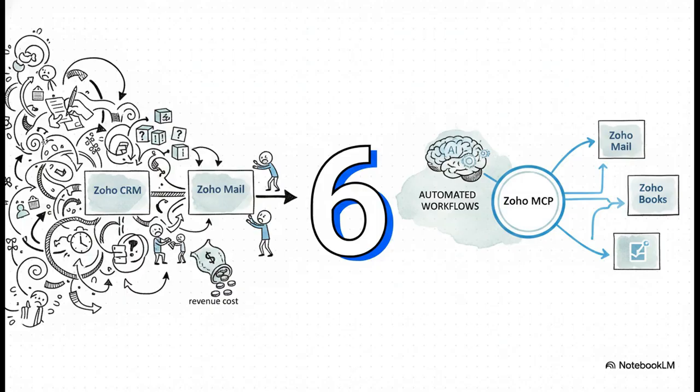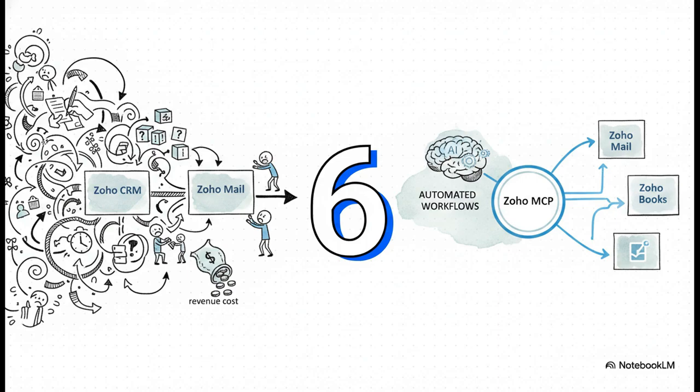Every single time a sales rep has to manually copy a client's information out of Zoho CRM just to paste it into Zoho Mail for a welcome packet and then generate a manual invoice in Zoho Books, your business loses time and introduces errors. This whole swivel-chair approach to managing data is just a massive bottleneck.